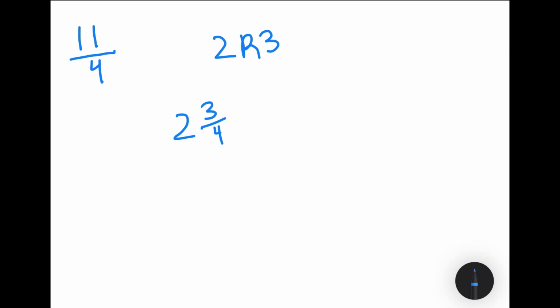Just in those easy steps, I've made that improper fraction a mixed fraction of 2 3/4. So I took my whole number from the even distribution of the division, from how many times 4 can go into 11. Then I took my remainder, 3, made that my numerator, and kept my denominator the same.